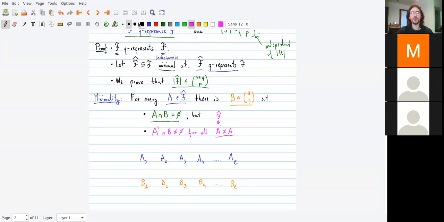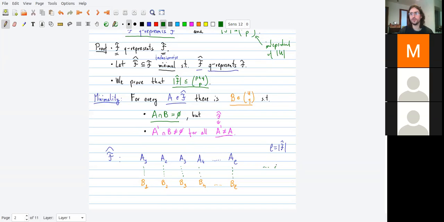So all in all, if I look at the sets from F hat, say A1 up to AL, where L is the size of F hat, then for every AI I can find the corresponding BI such that AI and BI are disjoint in pairs.